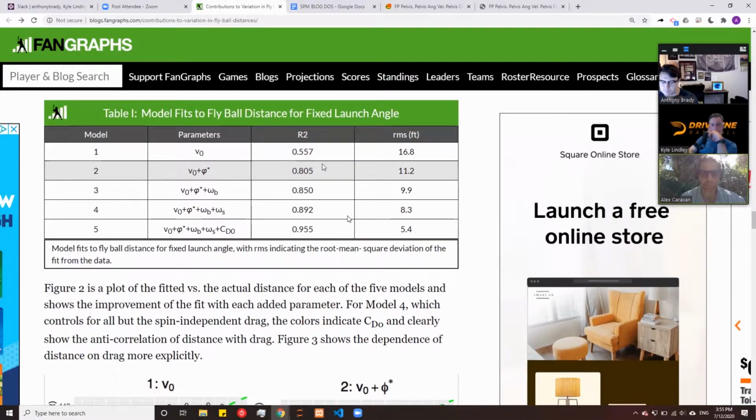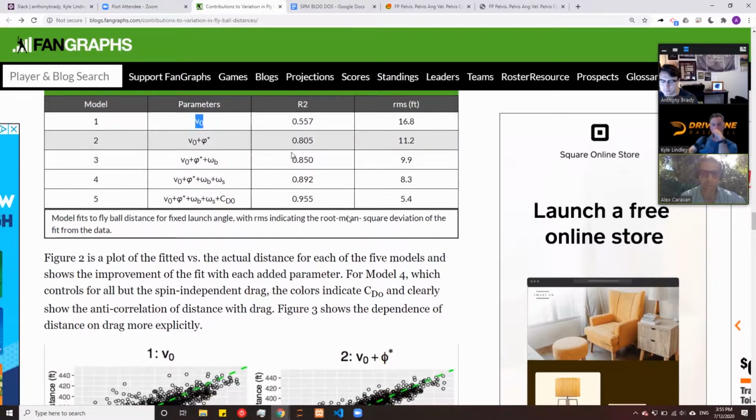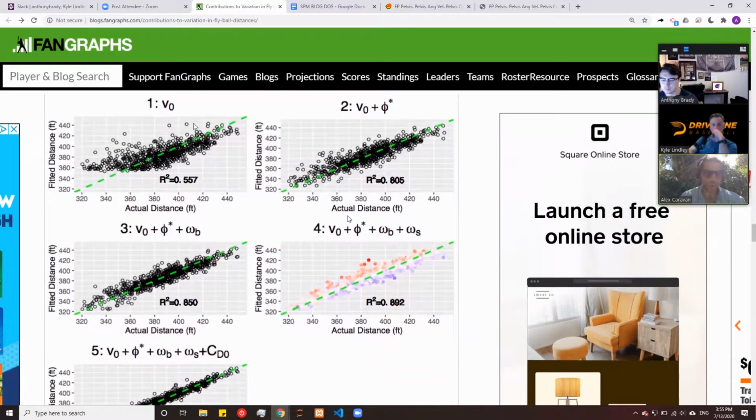Holding launch angle in that range, controlling for exit velocity already gives us a pretty good relationship. And the models are here. The first one is exit velocity. This is what the model looks like. Second one, we used an adjusted spray angle. Since the spray angle depends on the backspin and side spin, this is another way of thinking about controlling for the means of the backspin and side spin.